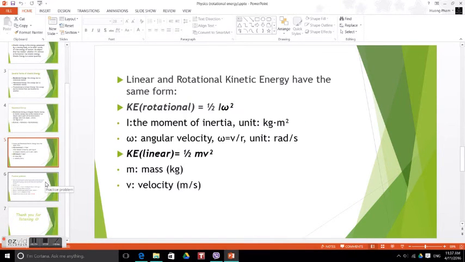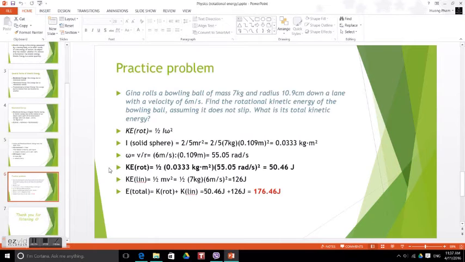Okay, so let's take a look at a practice problem. Gina rolls a bowling ball of mass 7 kilograms and radius 10.9 centimeters down a lane with a velocity of 6 meters per second.